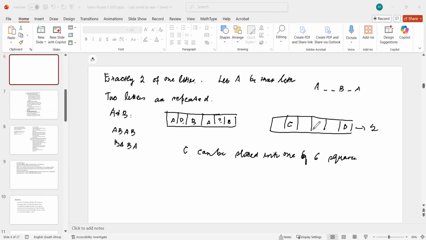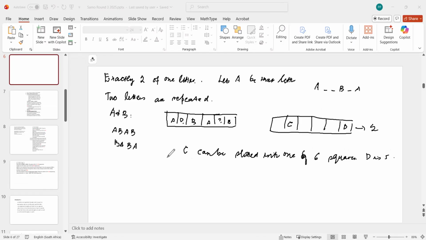And once you put in C, then D can be put in anywhere else. You can put D next to it, no problem, because I'm only using 1 C and 1 D. And then D is 5.